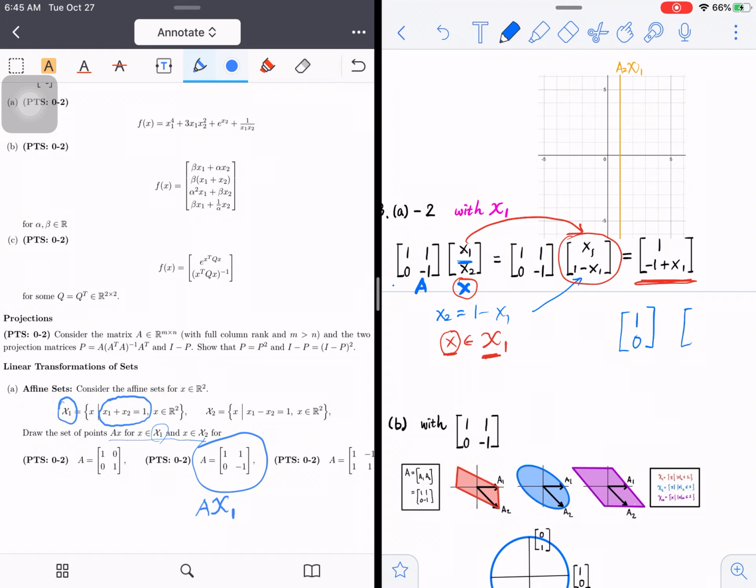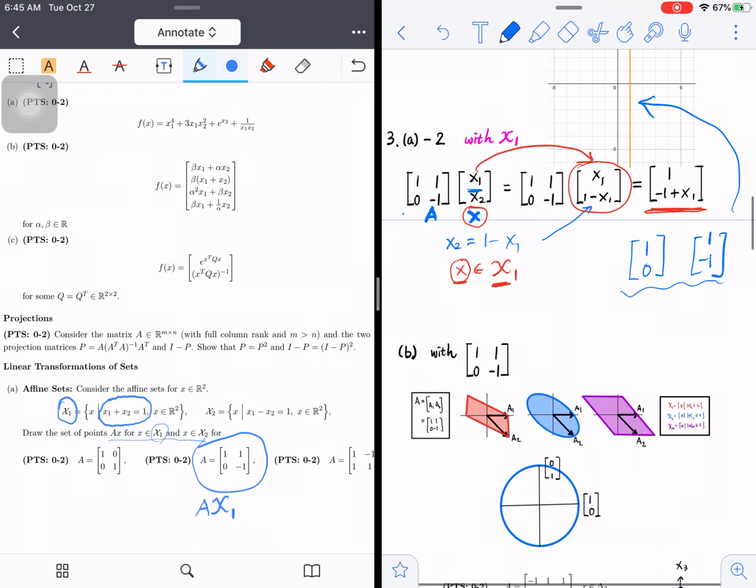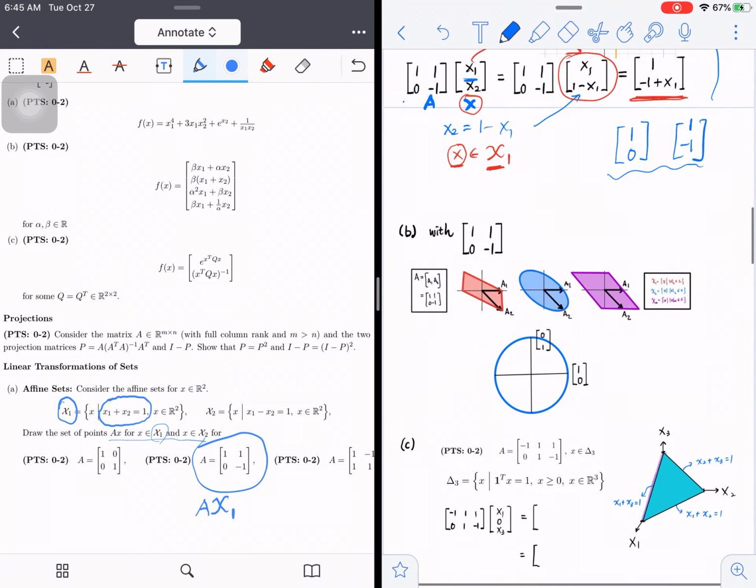If you pick x1 to be 0, then you get minus 1. Then 2 points decide a line, and then you can get the answer. The answer is that this is a straight line. Okay, so this is for 3a.